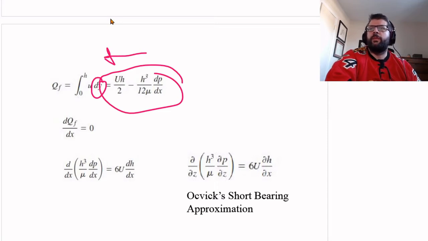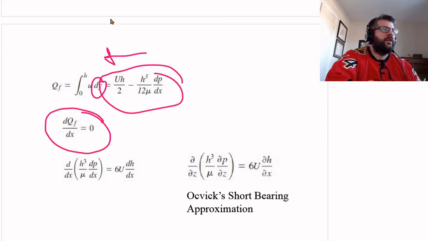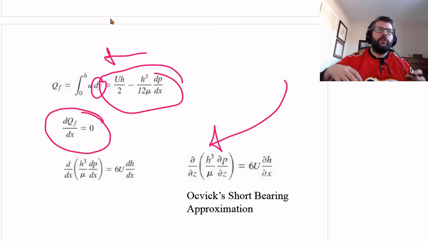Then we need to make a few assumptions. The one assumption we can make is that the change in the flow rate in the x direction, so in the direction of flow, is equal to 0. So that's basically us saying that all the fluid that goes in makes its way to the other side.